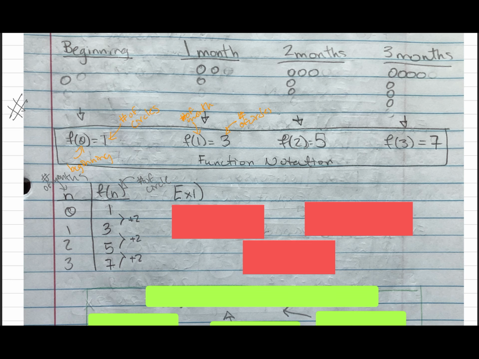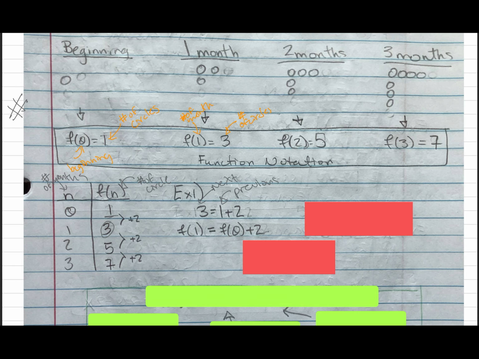So next up, I'm going to write how we get from one number to the next in function notation. So if I want to get to 3, then I have to take the number 1 and add 2, right? So to get my next number, I took my previous number and added 2.